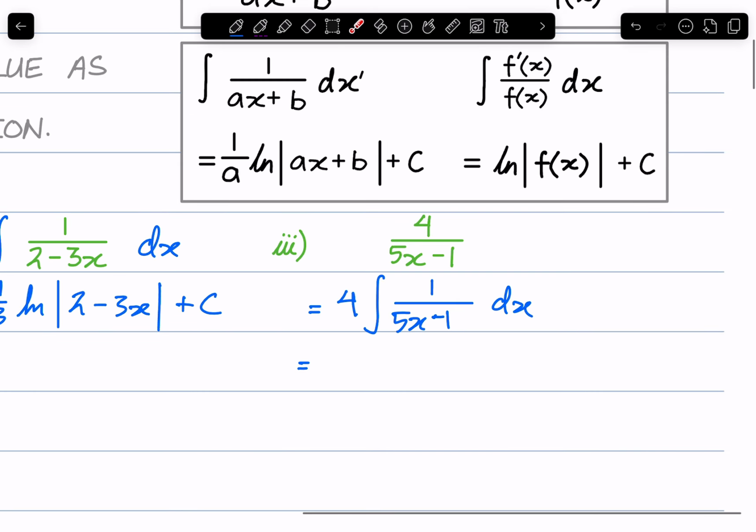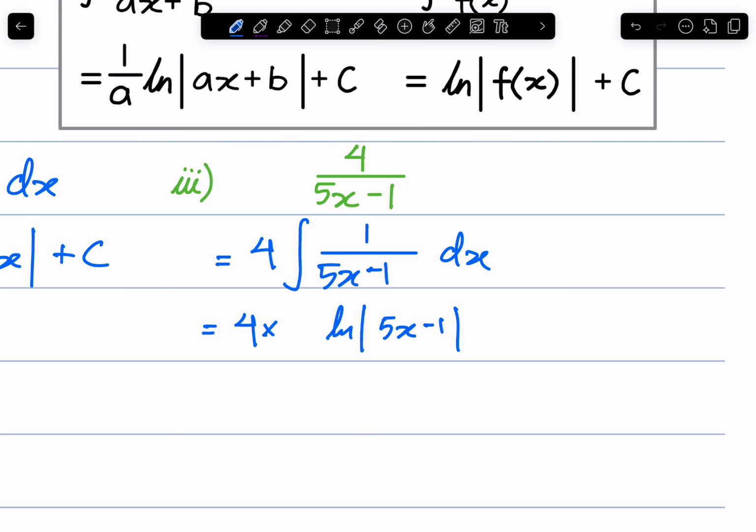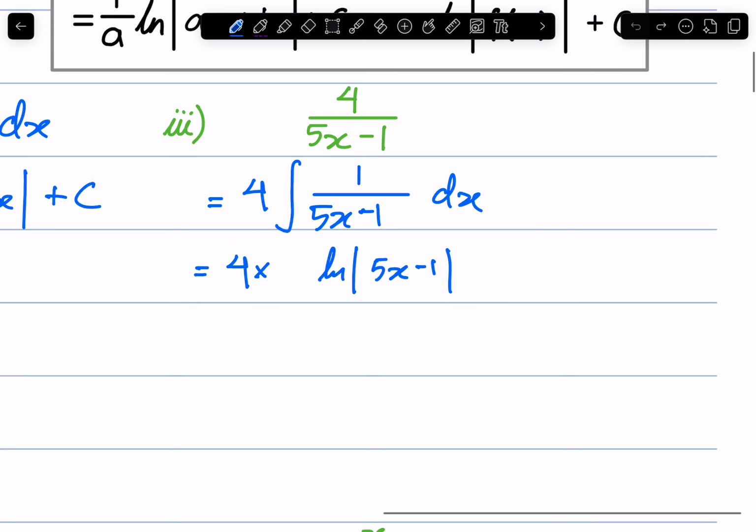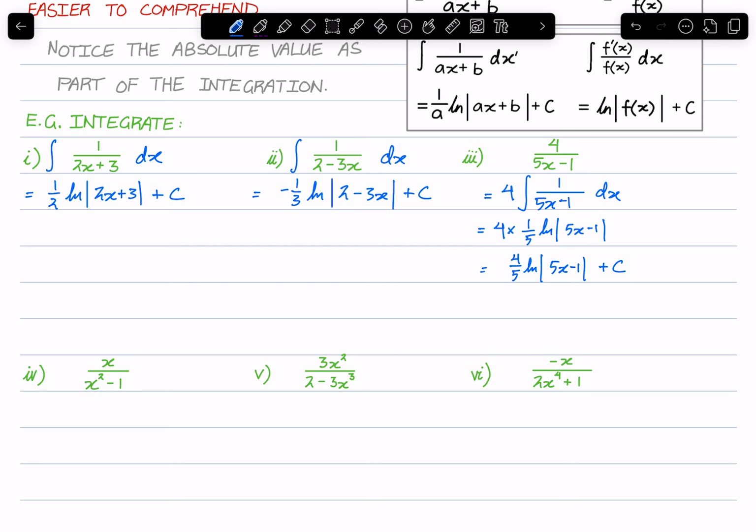Now that it is in this form, the integral of this is going to be 4 times the natural log of absolute value 5x minus 1, dividing by the linear coefficient of the chain, so 1 on 5, and this will give me 4/5 ln absolute value 5x minus 1 plus c. Hope you're getting familiar with these ones.